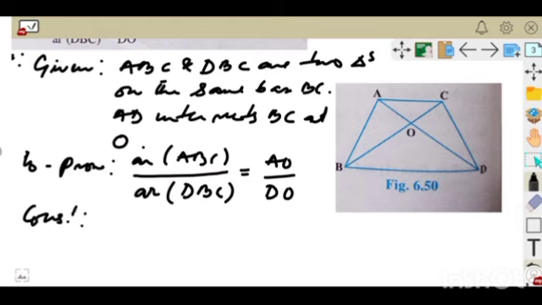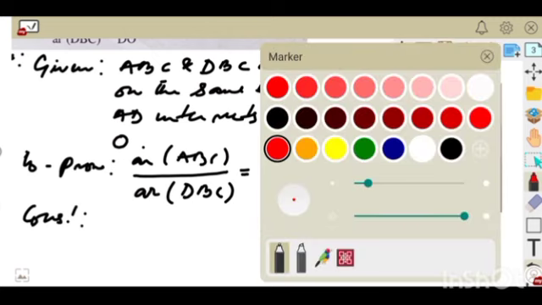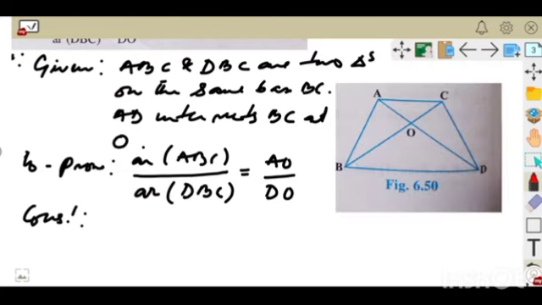In construction, from A I need to draw a perpendicular on BC. Let me use the red color. From A I'm going to draw the perpendicular on BC. This is 90 degrees, and here I'll write M. AM is perpendicular to BC.